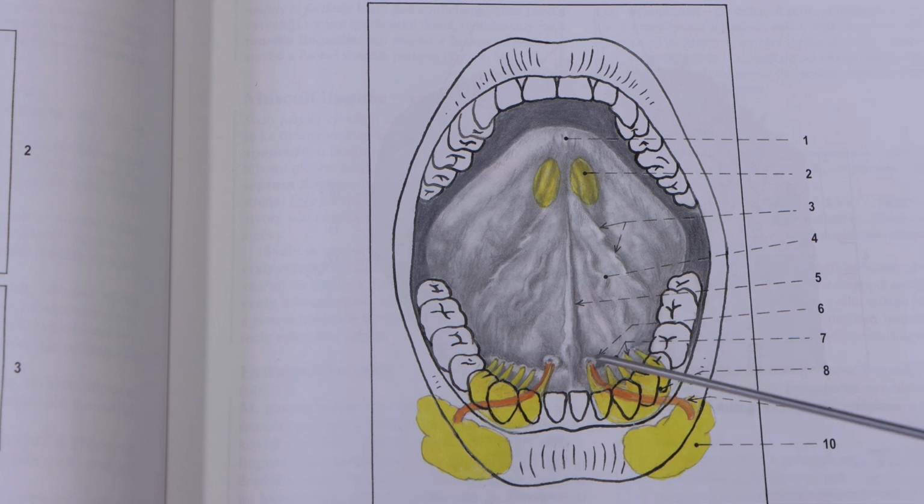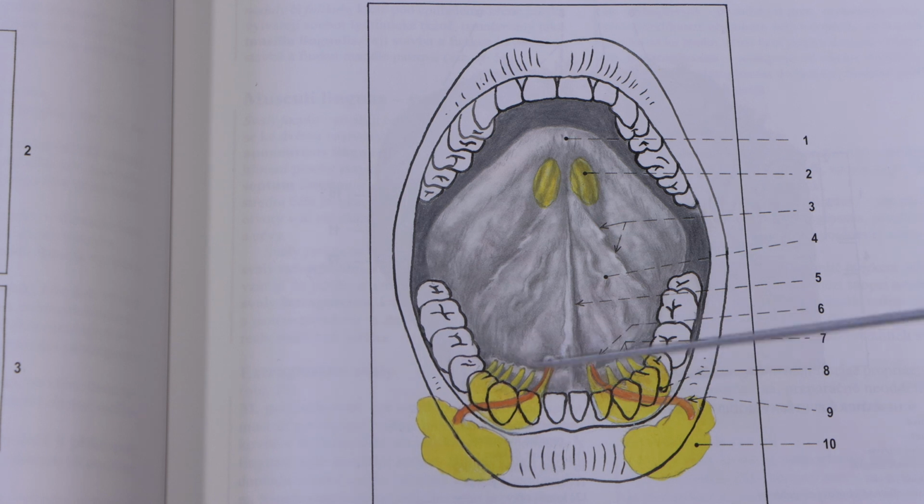Then if you go from this caruncle to the distal side, on both sides, you see a fold called the sublingual fold. On this sublingual fold there are some orifices, which are the places where the minor sublingual ducts open to the sublingual fold.